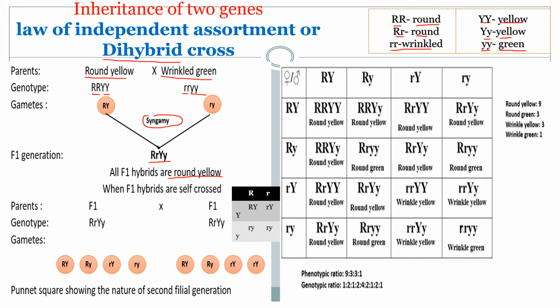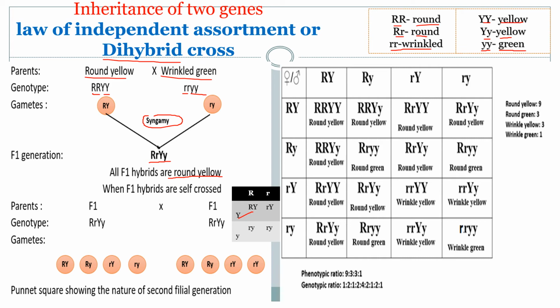So you just crisscross it, you will get the gametes like this. And now we'll go for the Punnett square to show the nature of the second filial generation or F2 generation. See here, the same you have to write, capital RY here and capital RY here, and finally you have to write the same thing here and here.